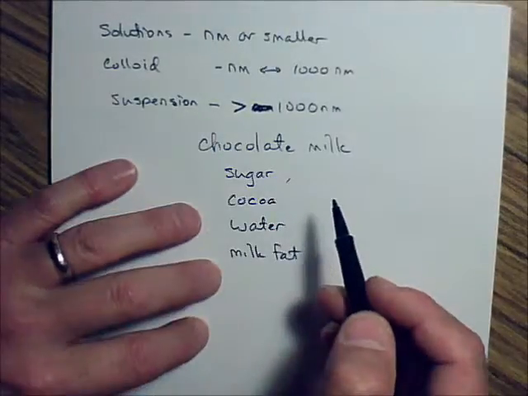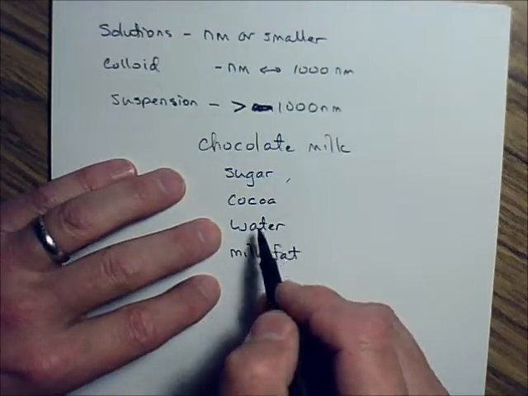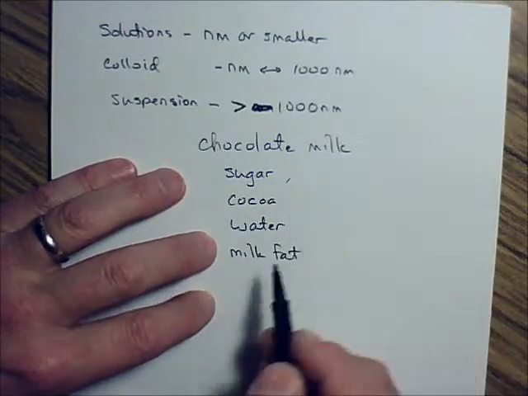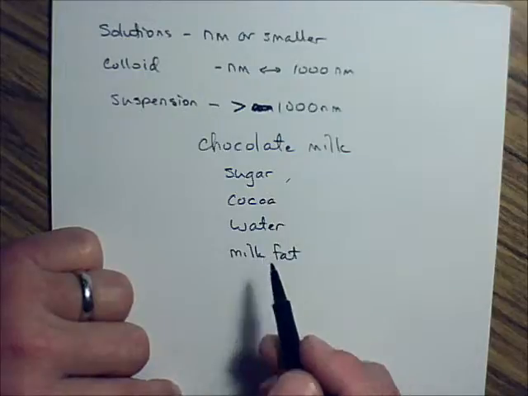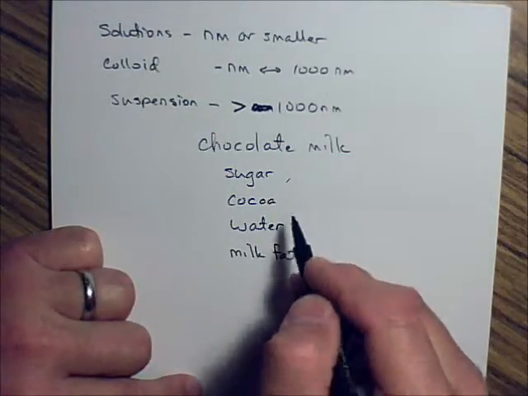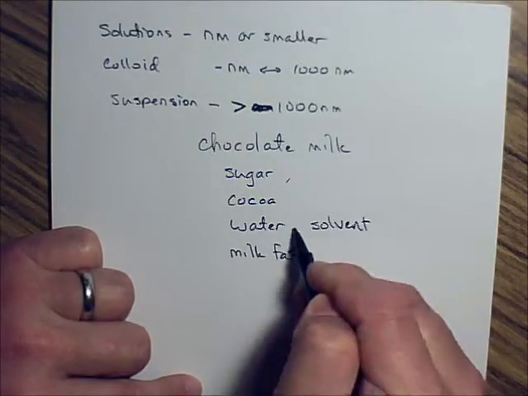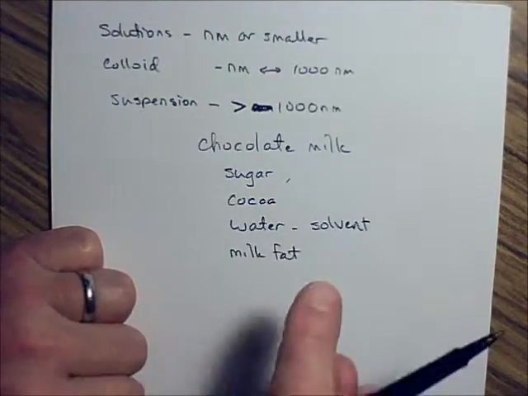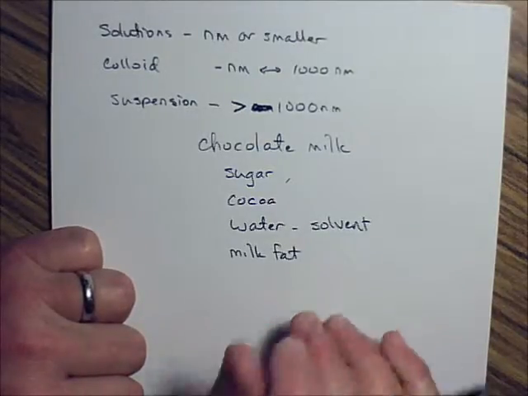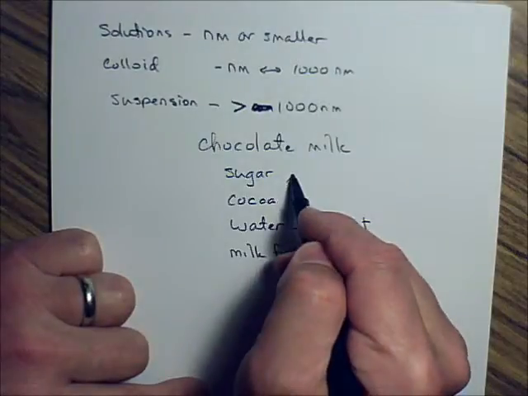Now listen. What is in all this stuff in chocolate milk? What's the solvent? Sugar is solid. Water's the solvent. Is there anything that's actually dissolved, in a chemical sense, in water from all of this? Sugar's dissolved.